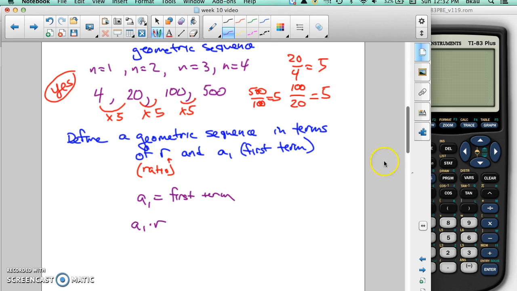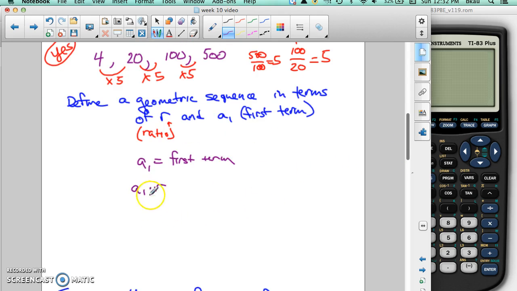Our third term would be to take the previous term, a sub 2, and times it by r. It's a sub 3. A sub 4 is a sub 3 times r.